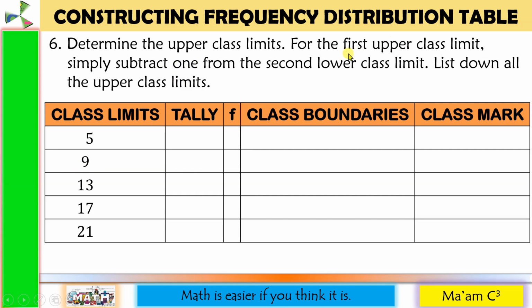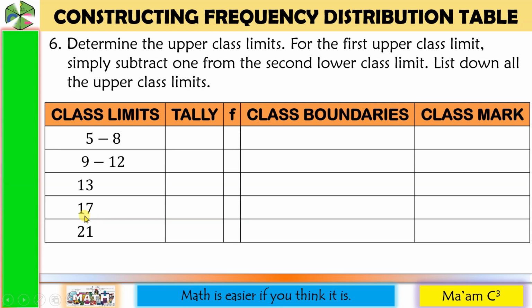That would be our first upper class limit. So this will be 5 up to 8. Now, for the next upper limit, simply subtract 1 from the next lower limit. 13 minus 1 is 12, so this is 9 to 12. Next upper class limit, simply subtract 1 from the next lower class limit.